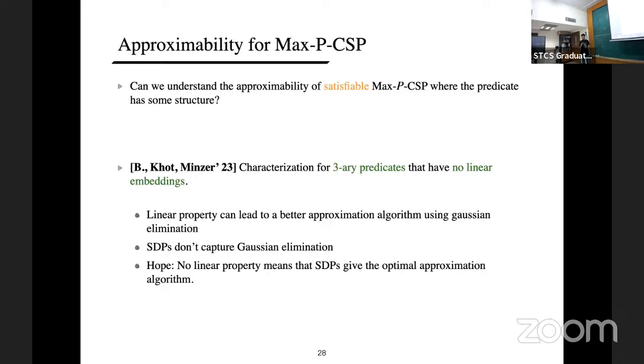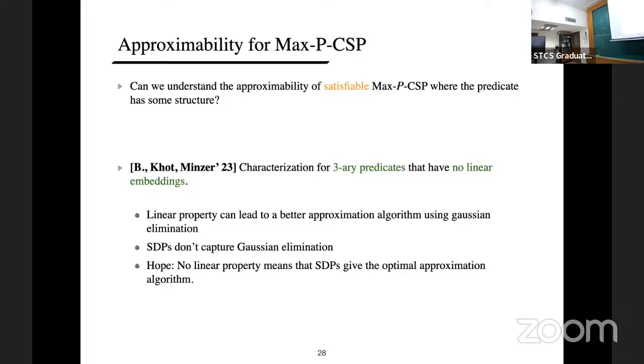So this is what I mean by SDPs not capturing linear structure, and it's an informal statement. We are still exploring what this statement means. But these examples show that SDPs don't have the power of doing Gaussian elimination, in an informal sense. That's why, in our result, we show that if the predicate does not have any linear embedding, then we can't really use Gaussian elimination.